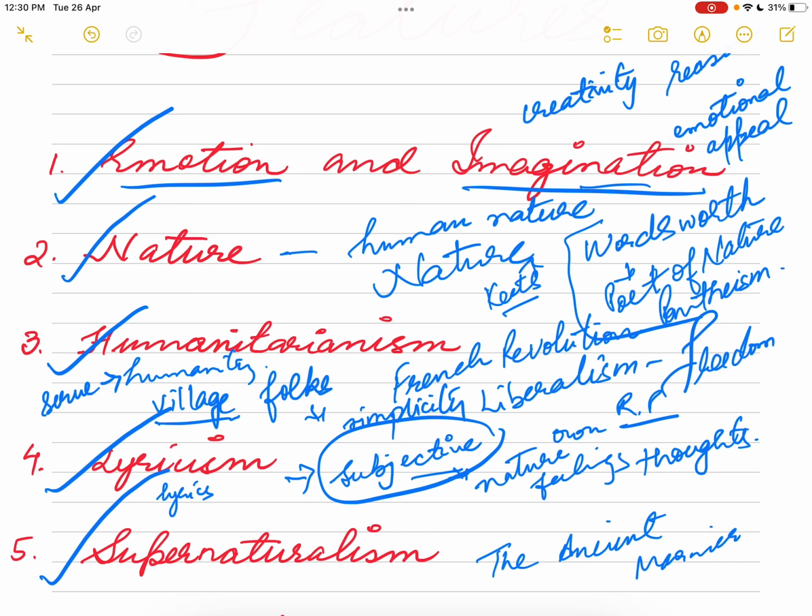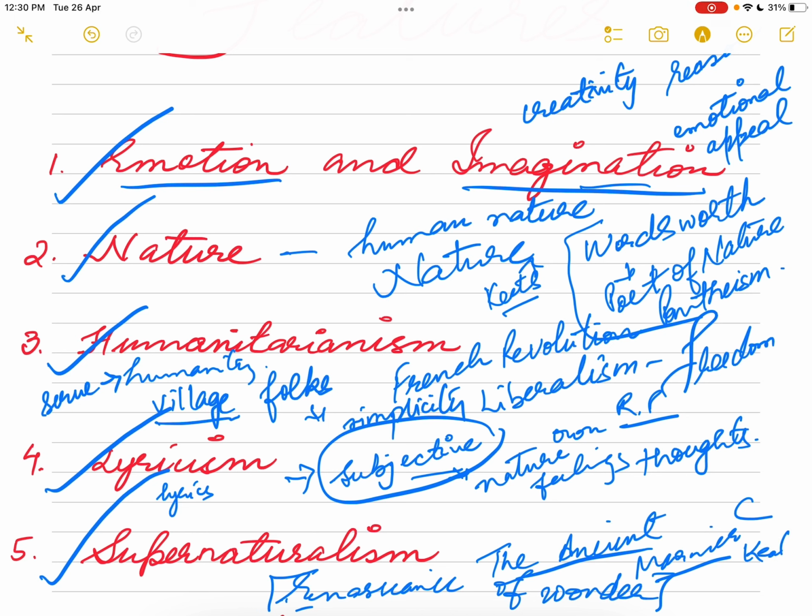It gives certain poems an atmosphere by virtue of which Romantic poetry is often called the Renaissance of wonder. And it is not just Coleridge, but Keats also, for that matter. John Keats is also known for giving a supernatural touch to his poems.